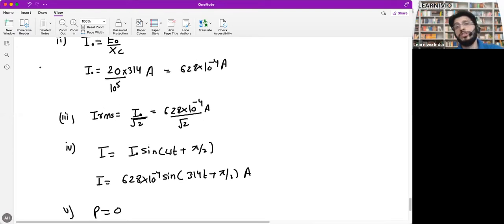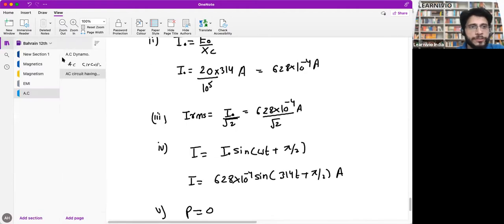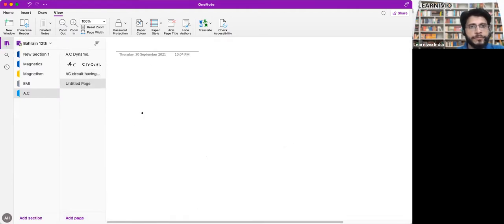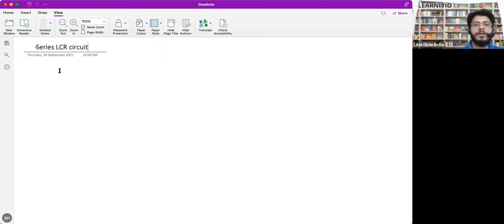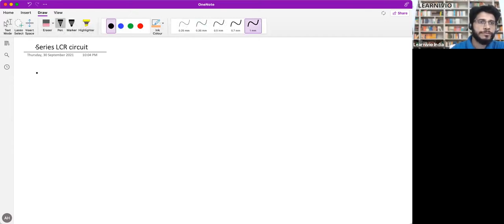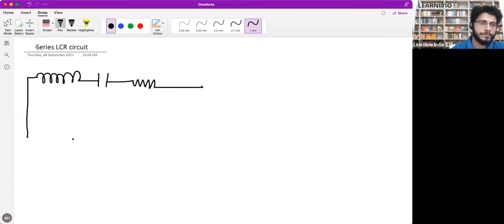The next is the series LCR circuit. See what a series LCR circuit is. In a series LCR circuit, you have all three elements: an inductor, a capacitor, and a resistor, and they are connected in series.